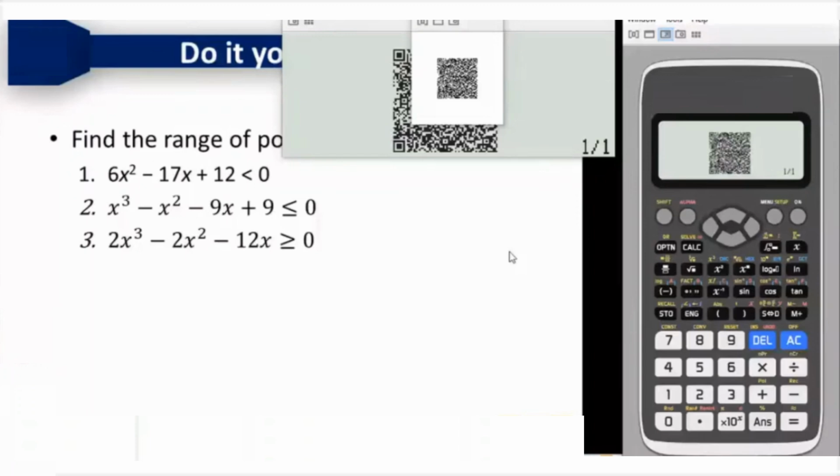If the question is a part of a bigger question, let's say a word problem, where you have to do many things, and after doing all those things, you also need to solve the inequality, then for that particular question, you can directly solve the inequality through the calculator. Your marks will not be deducted. But if it is a more than 2 mark question just of an inequality, then I would strongly recommend you show all the steps, and you give the inequality, and then you verify your answer through the calculator. All right, we are done with the first question.